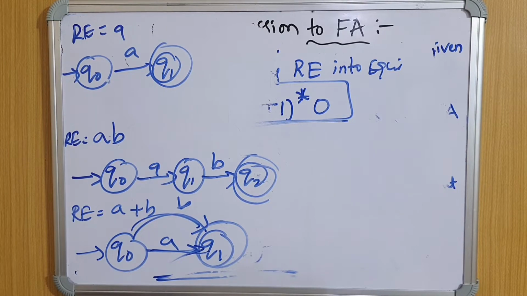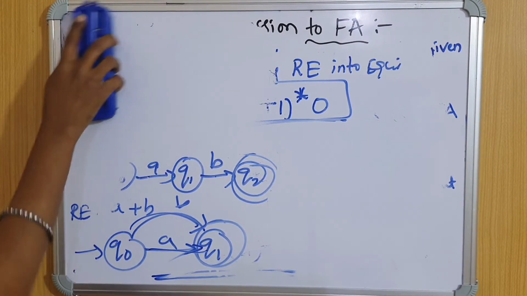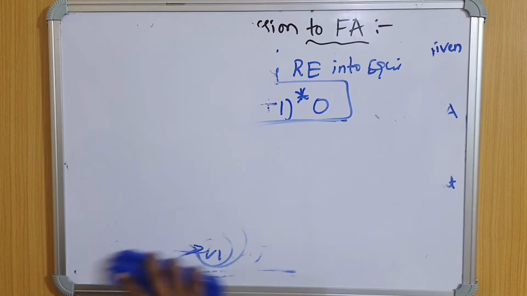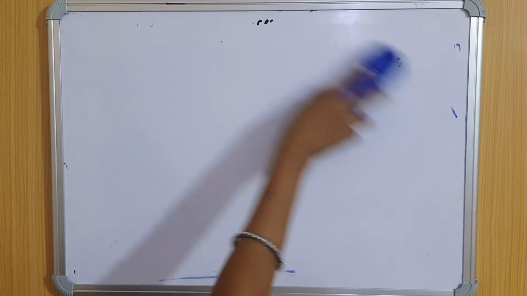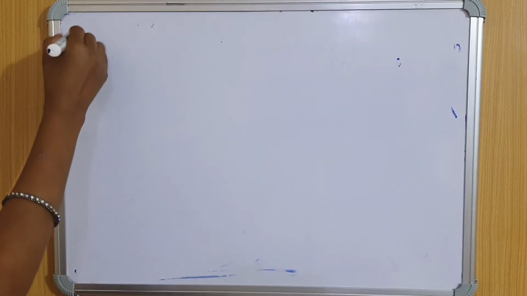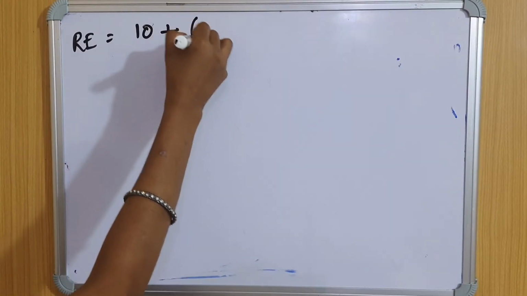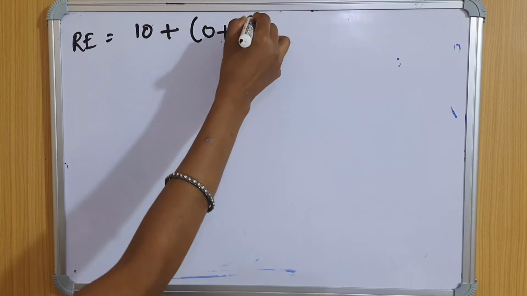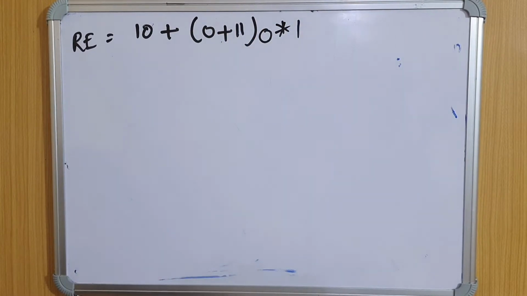We'll try one more example for regular expression to finite automata, then it is very easy to understand and you can clarify everything. My regular expression is 10(0+11)0*1.